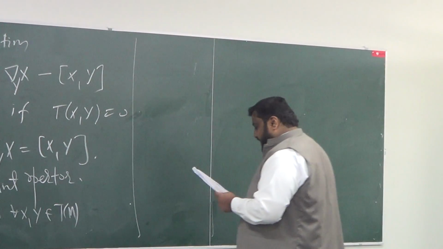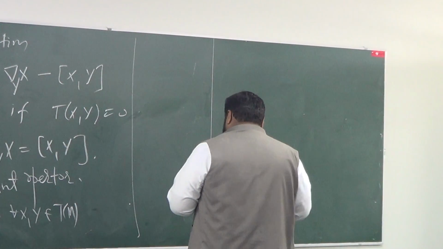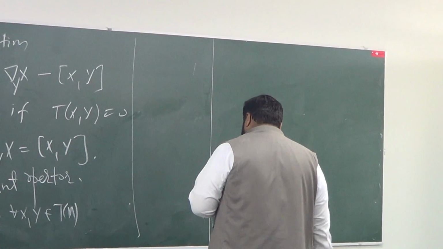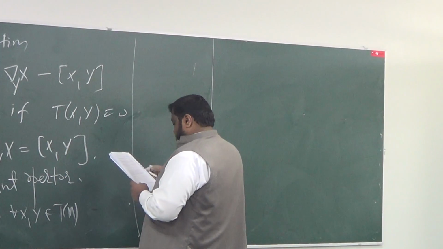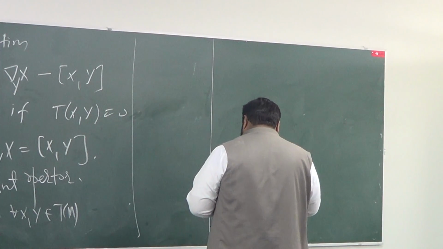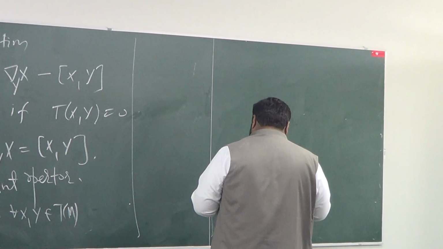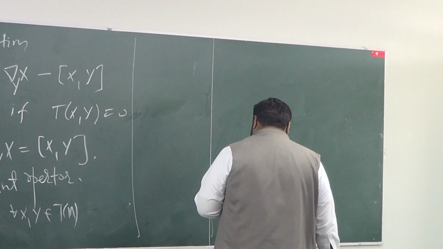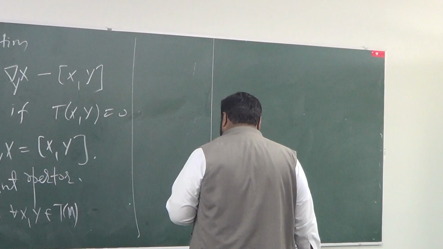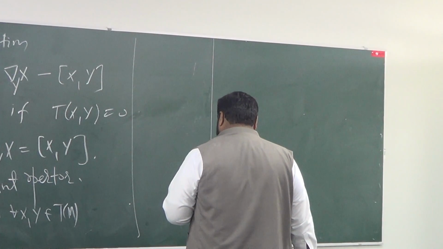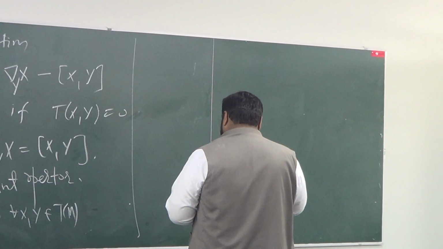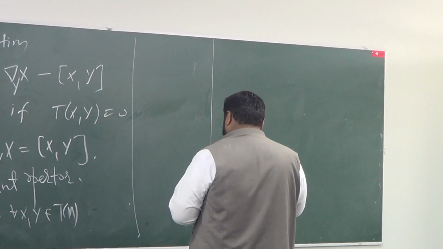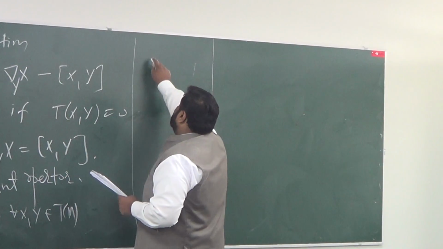How can I prove L to be a self-adjoint operator? So let's have a look. Let's compute the difference.